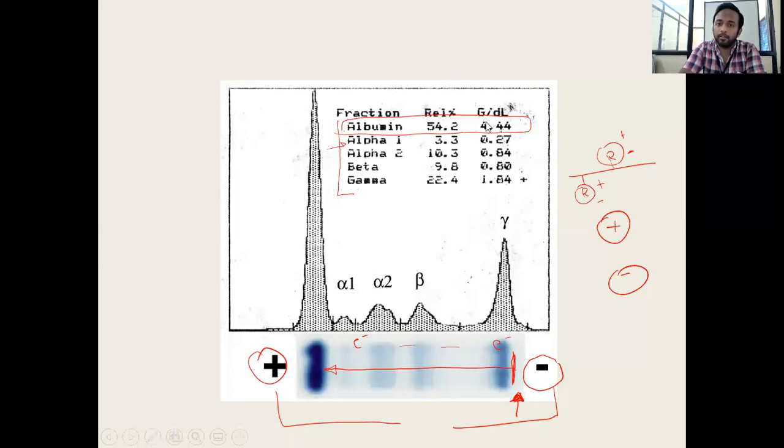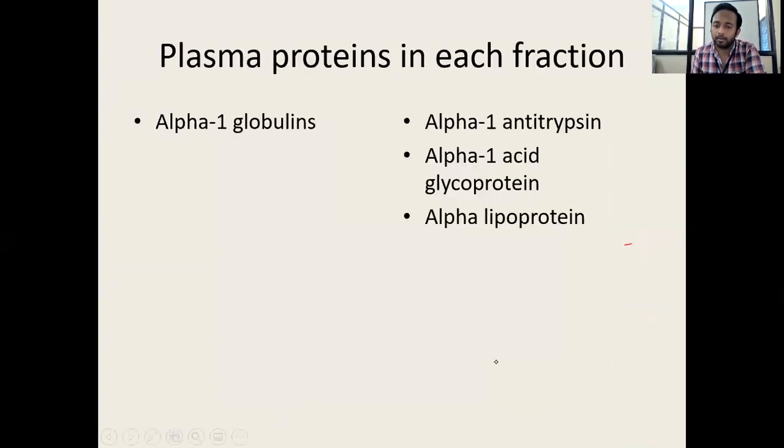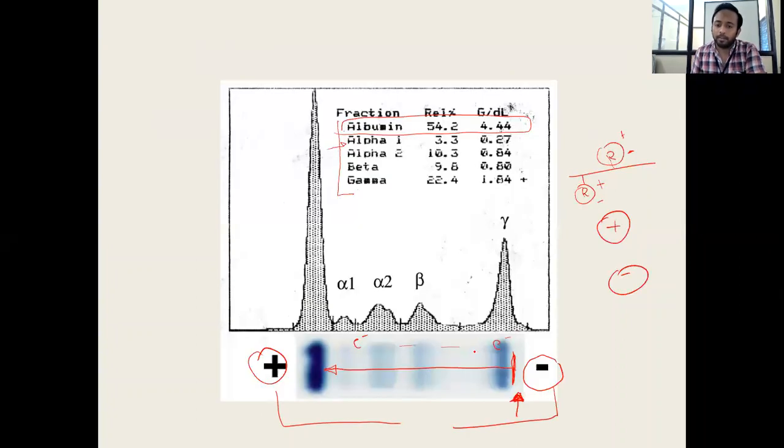So when you put this protein sample under an electric current, it starts migrating. If the protein has more negative charges, it will start migrating towards the positive node.